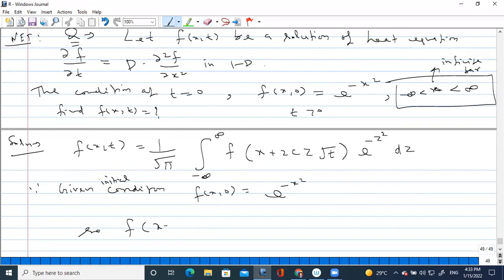So f(x plus 2cz root t), this complete thing will become e to the power minus (x plus 2cz root t) whole square into e to the power minus, sorry, this term you take.